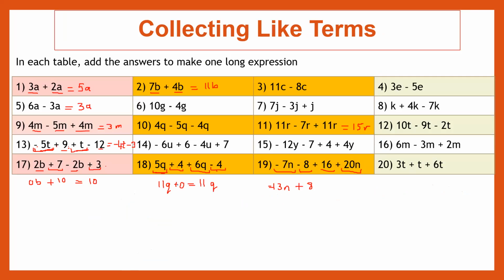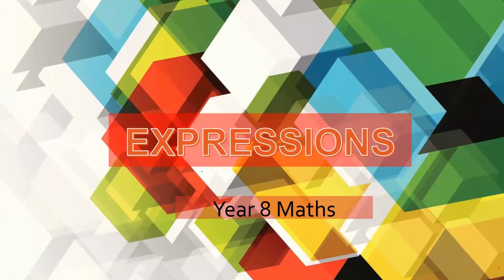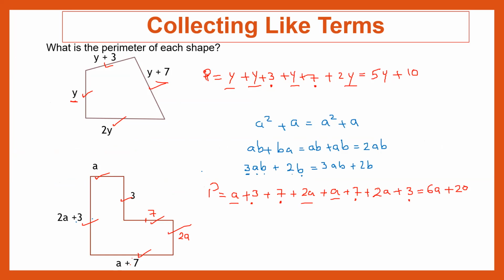I add 2A to 3A, I added 7B to 4B, we added 5Q to 6Q, but we could not add, as we saw in our last slide, I cannot add A squared to A. Although it's the same variable, they don't have the same power. I cannot add 3AB to 2B because 3 is multiplied by two different variables, while B is multiplied by only one variable.